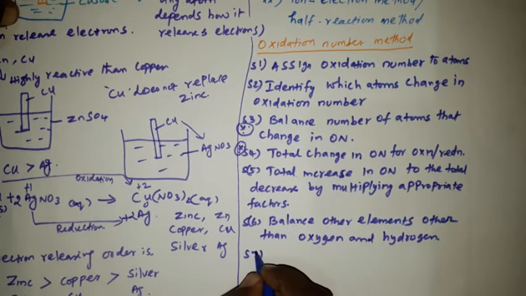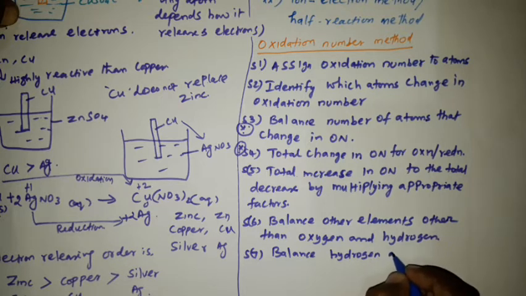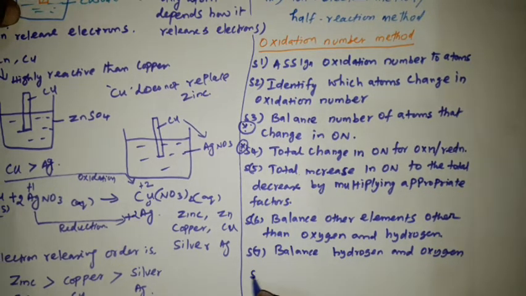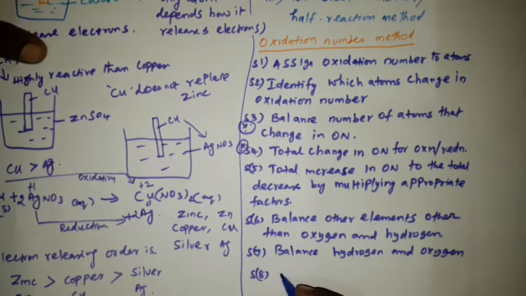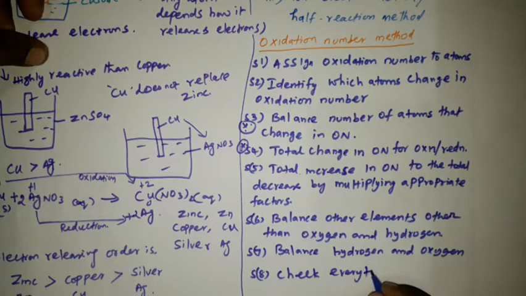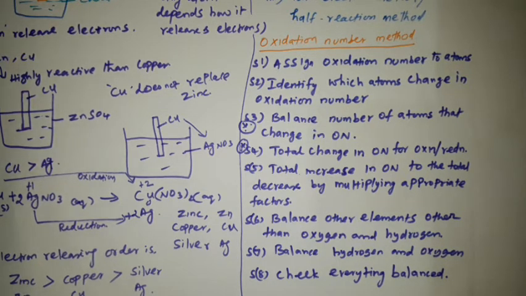Then step 7, balance hydrogen and oxygen. Then the last step, check that everything is balanced. So these are the 8 steps you have to apply during the balancing of redox reactions.